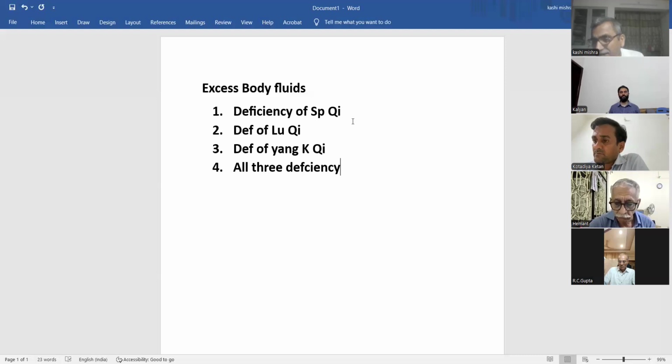Deficient spleen. The spleen has the responsibility of transforming substantial into non-substantial. Wherever the spleen finds wetness or dampness, it is the spleen which will transform it into invisible.